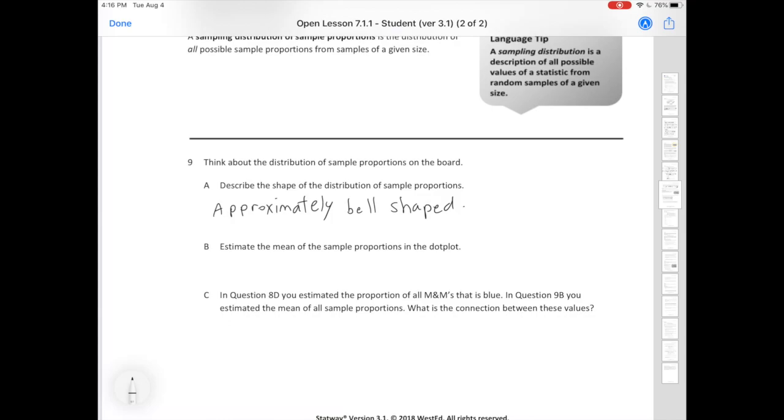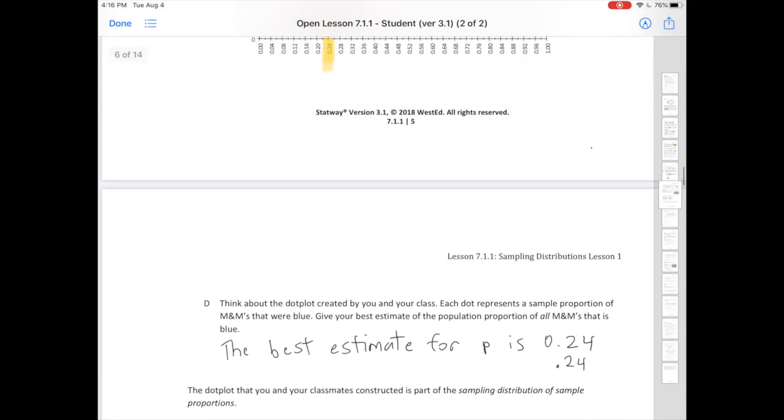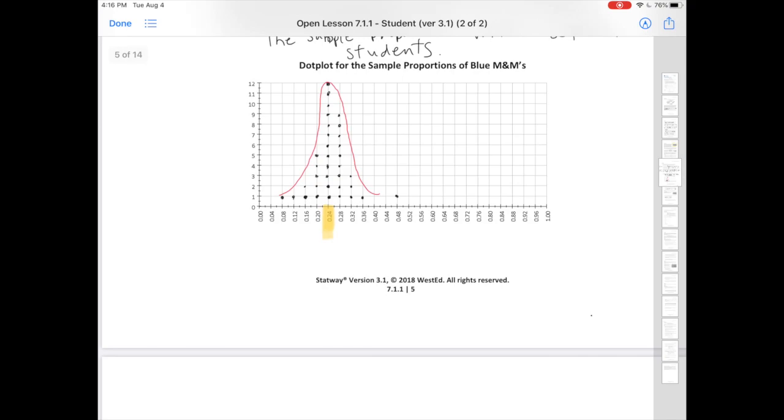Next part, estimate the mean of the sample proportions in the dot plot. Remember what the mean is. If it's bell-shaped, the mean is in the middle. And so the mean seems to also be 0.24.